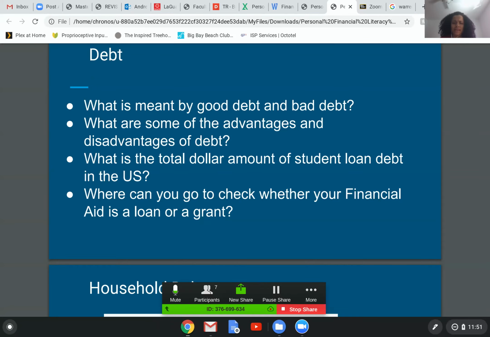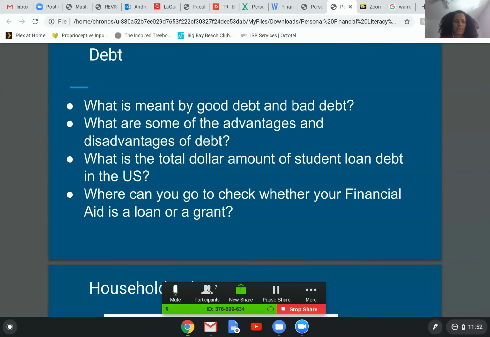Just like Andal was saying, student loans can also be good debt. You just have to be so careful. We're in the business area, so it's a little bit better for all of us, because with a business degree you're generally going to have quite good earnings potential. Whereas with some other degrees, your earnings potential might not be as great, or that industry may be having problems by the time you graduate.